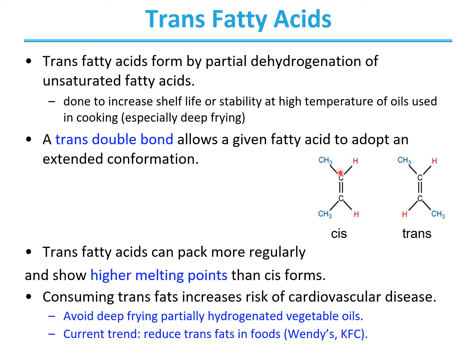Hence the kink created in the hydrocarbon chain, whereas trans fatty acids, which are not naturally occurring, have this configuration, and this means that they will resemble more of a linear hydrocarbon chain, just like saturated fatty acids, even though they have a double bond.